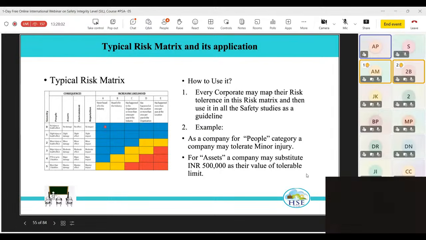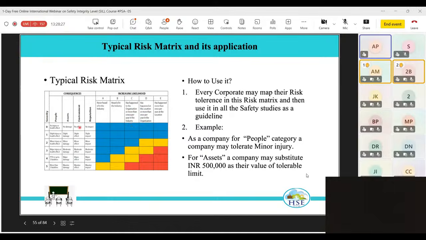So basically, say the consequence has occurred, and it is no injury or harm to the people, no damage or effect to the asset, no impact, and the frequency is that it has happened in the organization once in a year.